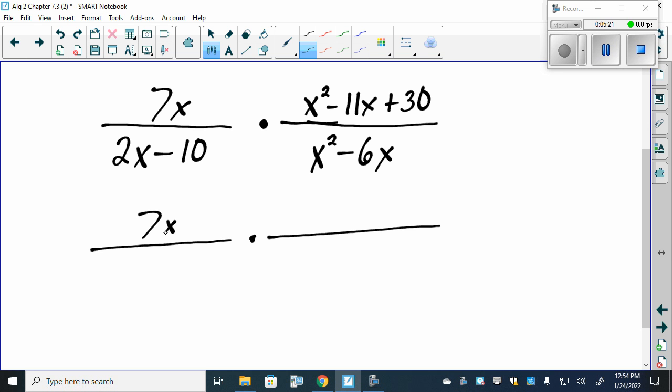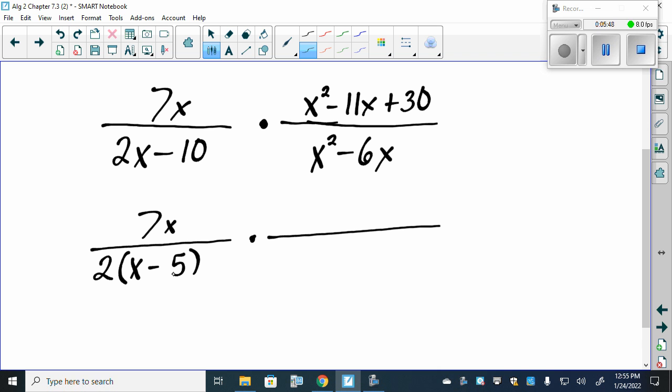Now, looking at these here, which ones would be nice to factor first? We can look at the 2x minus 10, because there's a greatest common factor of 2. So we can factor it out. If we factor out 2 from 2x, we get x minus 5, because if I factor 2 out of 10, I'm left with 5.